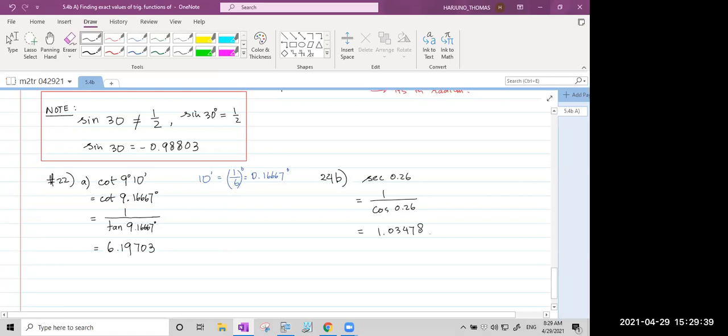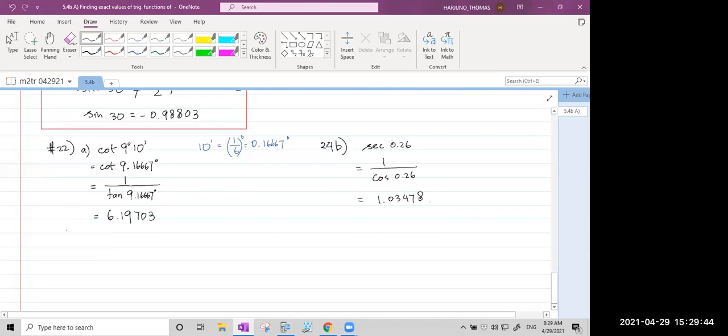Okay. Now, how about going backward? Suppose we are given the trig values and asked to find the angle. For now, we will deal with an acute angle. Let's say number 26.